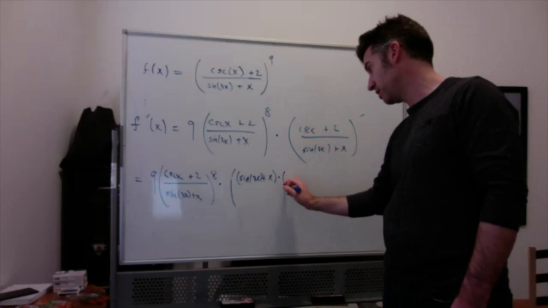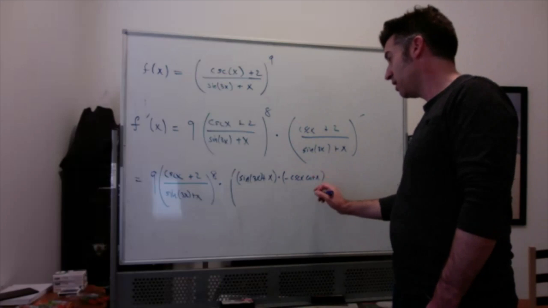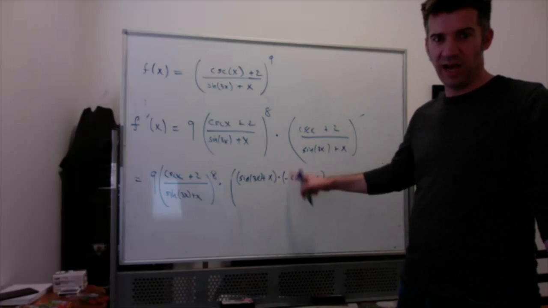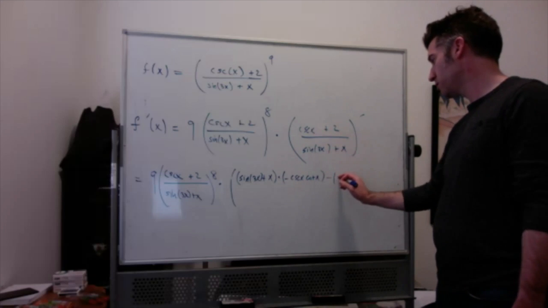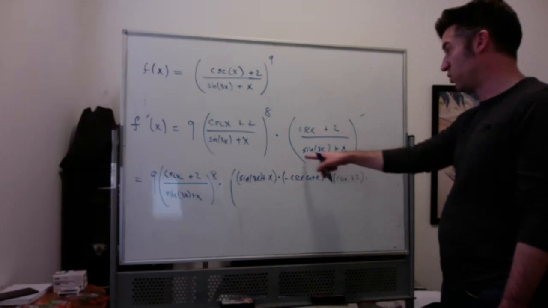So times negative cosecant x cotangent x. And the reason I'm putting parentheses there is because if I write times negative, it just seems weird. I need parentheses. Minus the top, cosecant of x plus 2, times the derivative of the bottom.